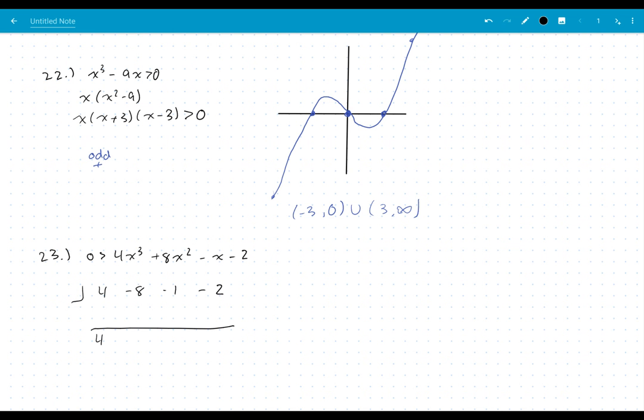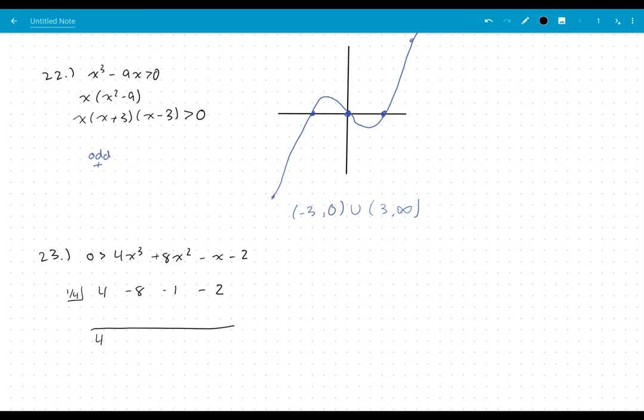What about negative 1? Negative 1 would be 4, negative 4, negative 12. That one's not going to work because there's no way that we're going to get 0 out of there. Let's try 1/4.